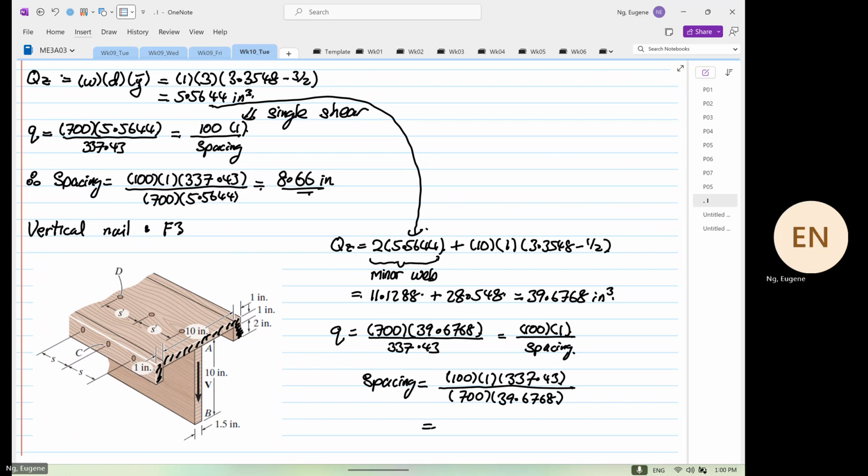So that is 1.215. And it makes sense, right? The spacing has to be closer. Why does the spacing have to be closer? Because we have a much larger first moment of area.